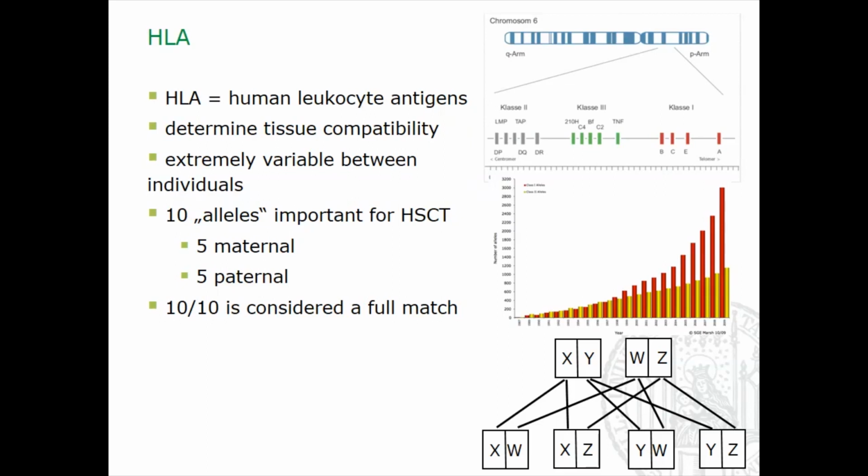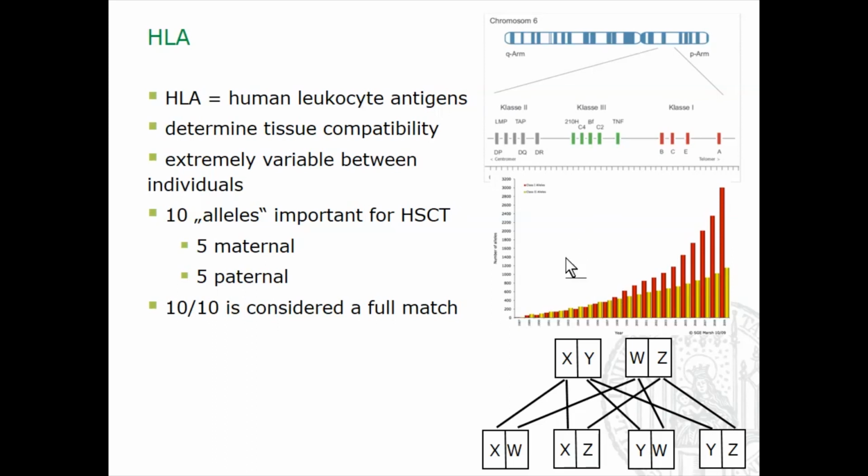This also leads to the designation of the degree of match. For example, if someone is identical in all these 10 alleles, he would be called a 10 out of 10 match, or respectively, if you tested fewer, like for example 8 or 6, you would call someone a 6 out of 6 or 7 out of 8 or whatever match, depending on how many of these alleles are actually identical.